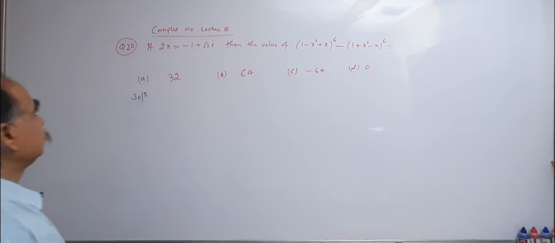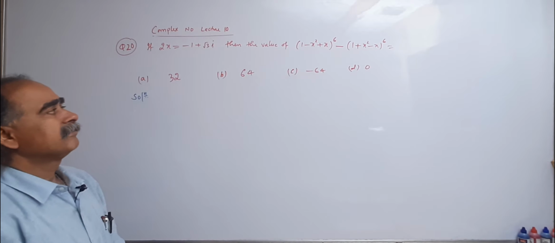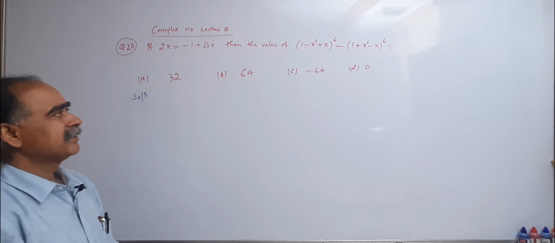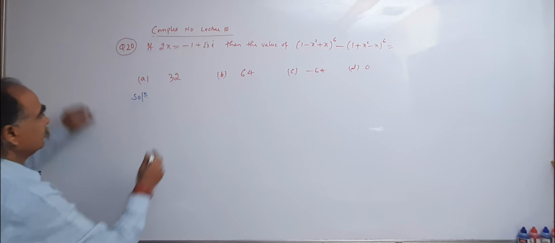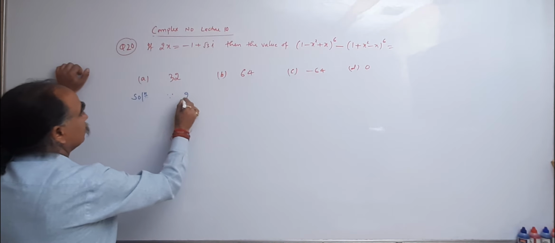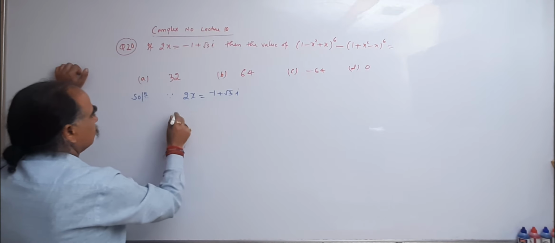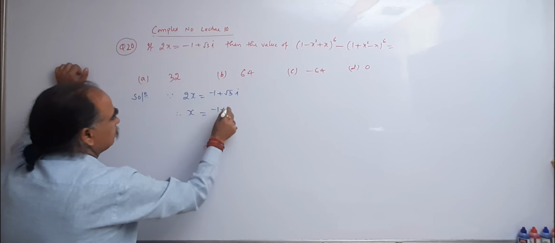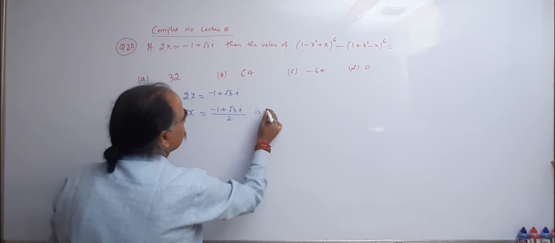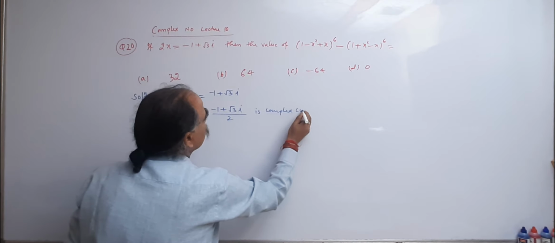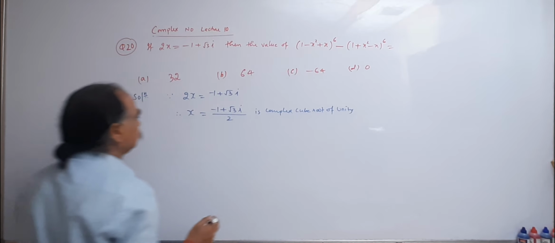Okay, see next example. If 2x is minus 1 plus root 3i, then the value of (1 minus x square plus x raised to 6) minus (1 plus x square minus x raised to 6) is equal to... Since 2x is minus 1 plus root 3i, therefore x is (minus 1 plus root 3i) upon 2, which is the complex cube root of unity.